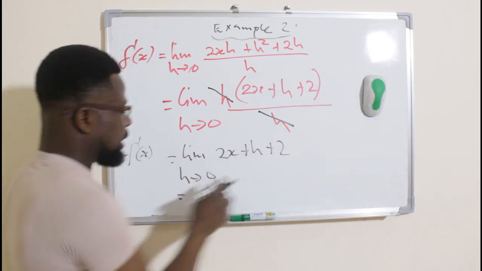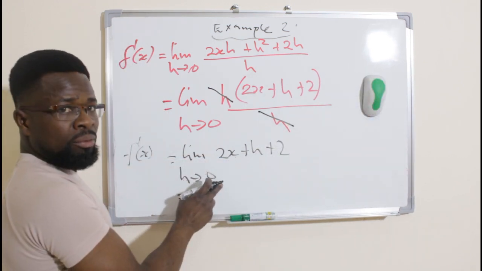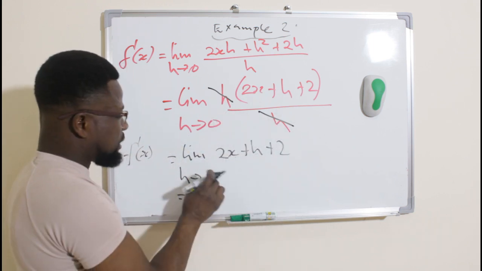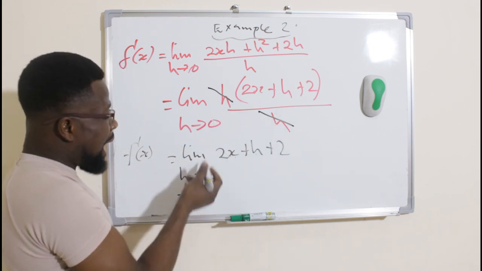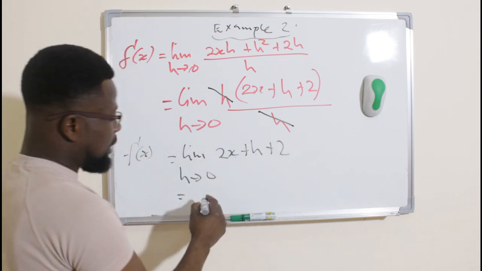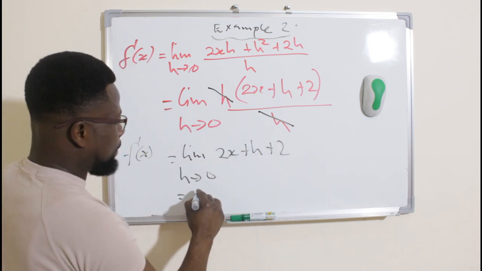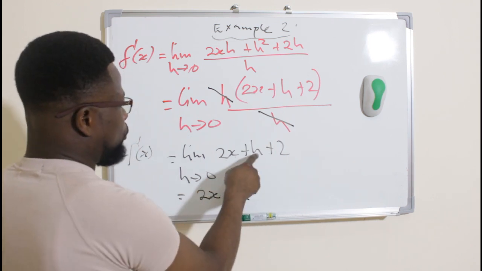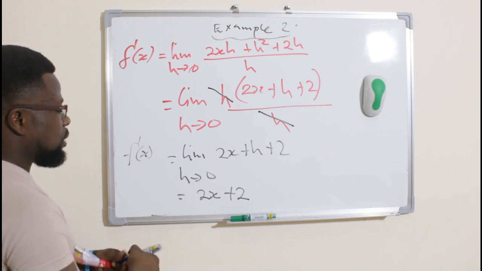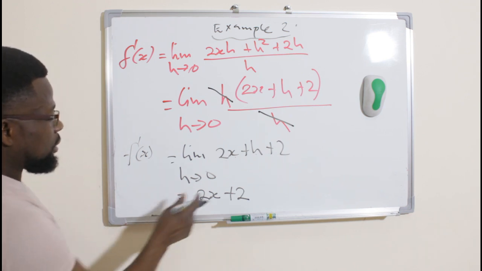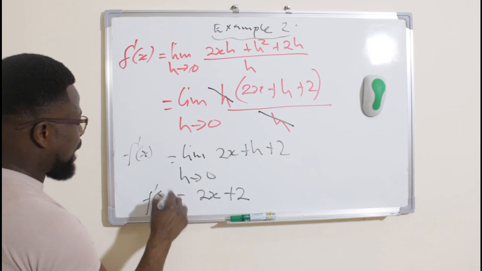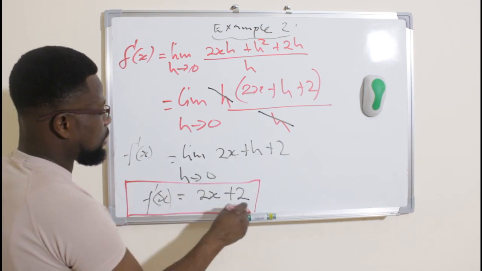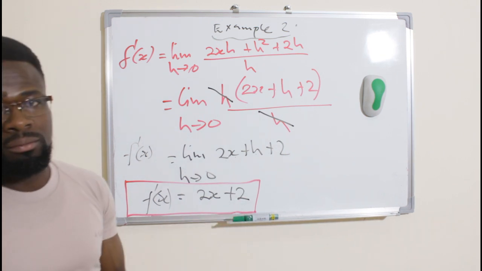We are talking about h approaching 0. So it is not exactly at 0. But once we are having this, then we know that finally our answer will become 2x plus 2, because we know if we are to put 0 in place of the h, what we're going to have is just simply what we have here. So now our answer is this, and that is the derivative of the function that we were given.